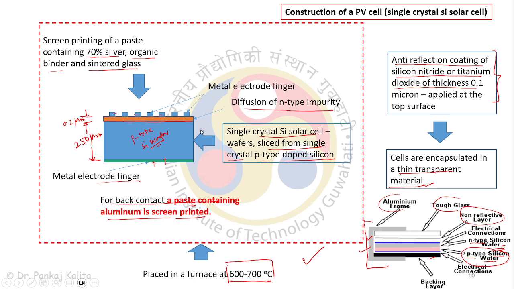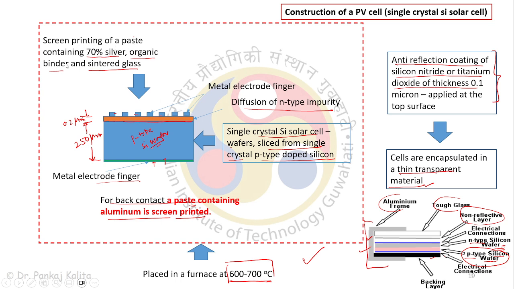If you are going to manufacture it, in simple terms the whole process is explained here. You have a P-type silicon wafer placed on metal electrode fingers.